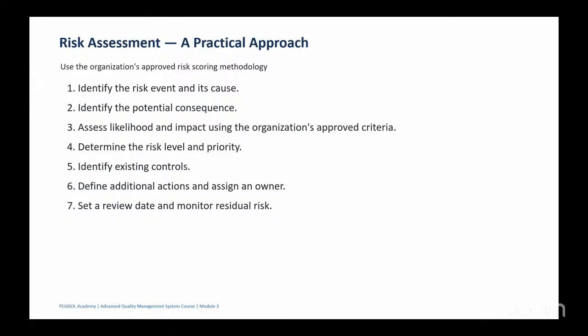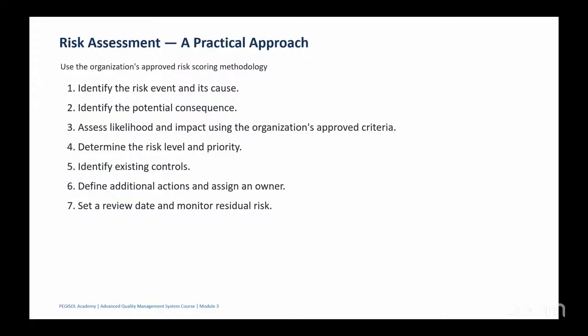That's why we call it potential. If it happens, what are the consequences? Then assess the likelihood and the impact using organization-approved criteria, which can be your approved risk matrix. Is it 1, 2, 3, 4, 5, and so on?